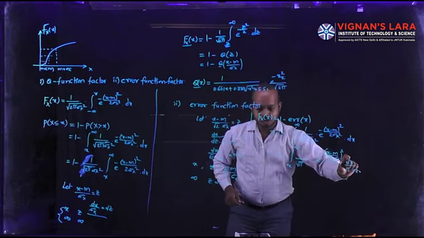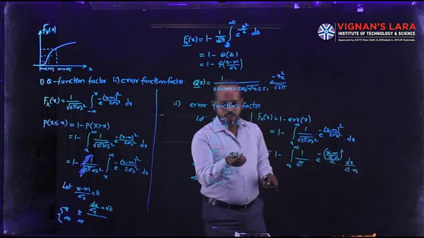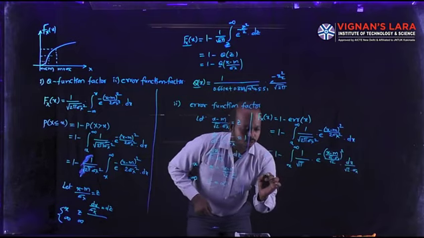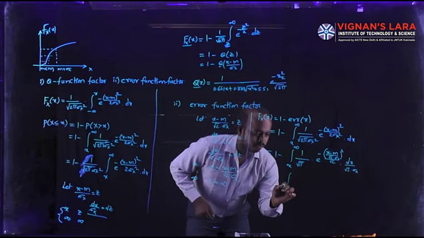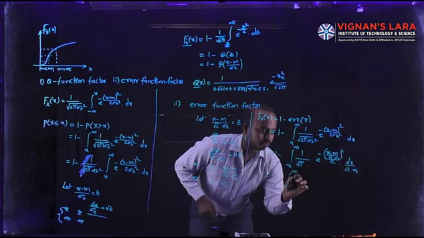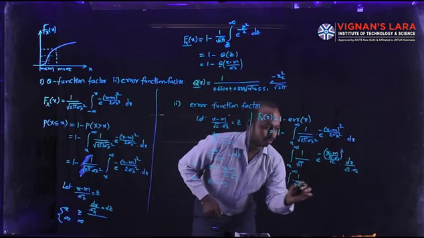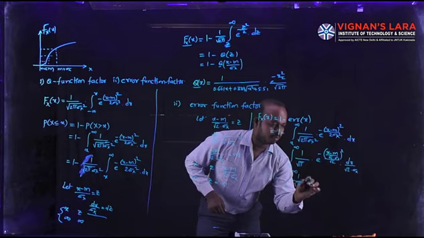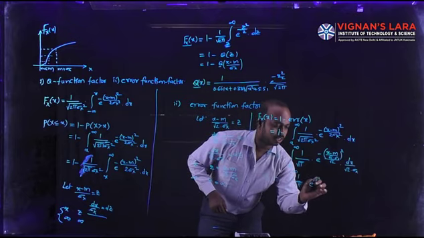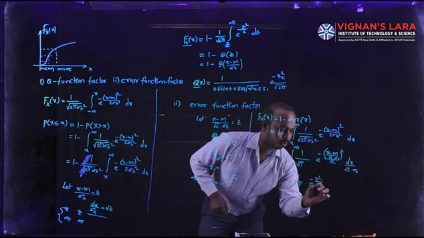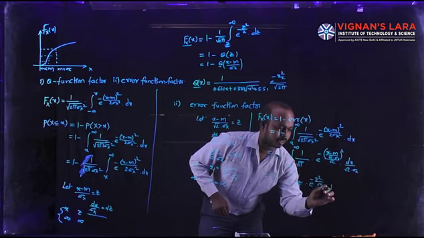Already this equivalent quantity is available in terms of z. The equivalent values I am replacing in this equation: x to infinity, 1 by root pi into e power minus z square into dz.